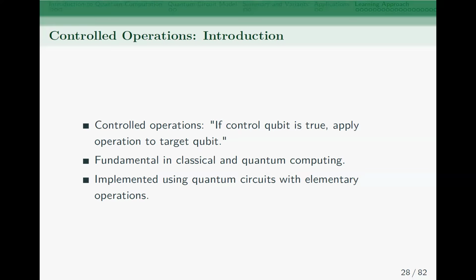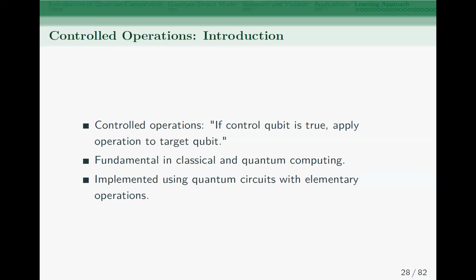Okay, so before we go to the general 2-qubit unitary, we will talk about a simple 2-qubit unitary called the control unitary. This control unitary is similar to the classical so-called NOT gate, but it is the controlled version.